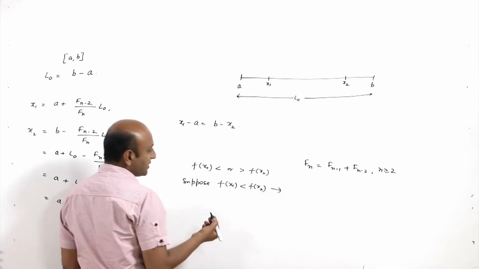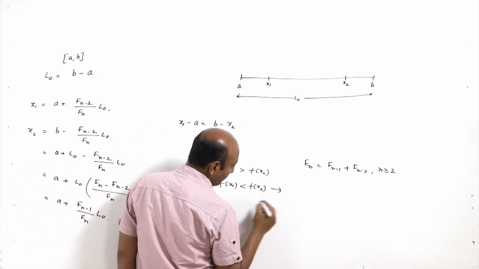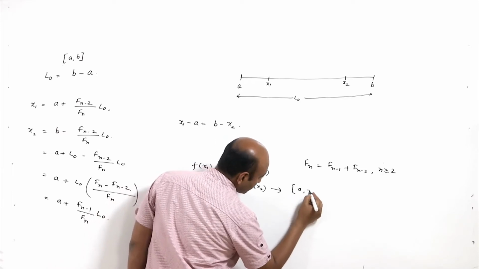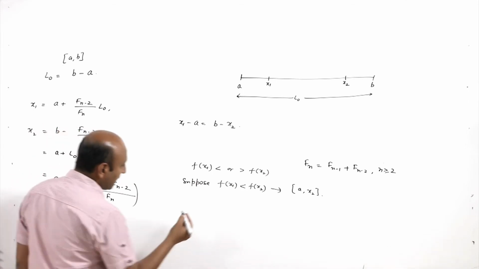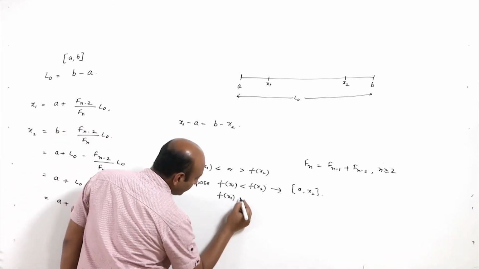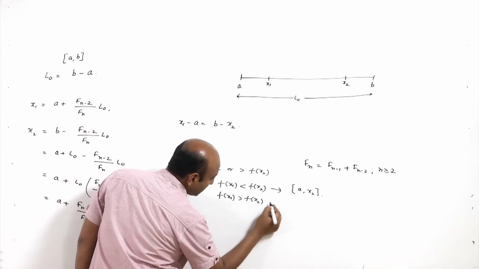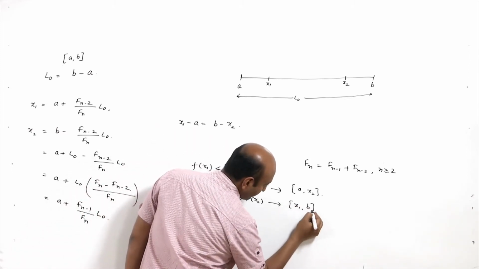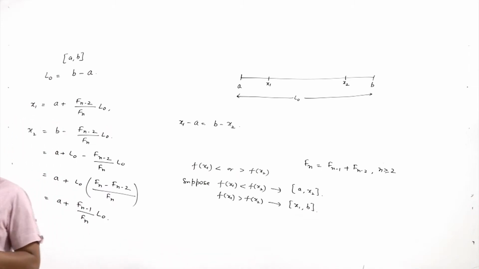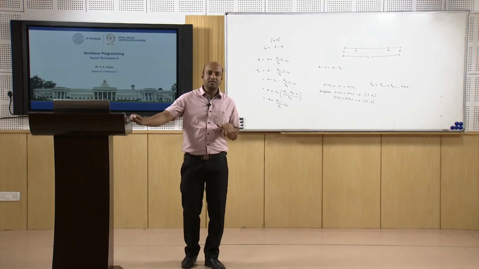So the next interval of uncertainty will be A comma x2. And if fx1 is more than fx2, the next interval of uncertainty will be x1 to b. So this is how we can find out the next interval of uncertainty.